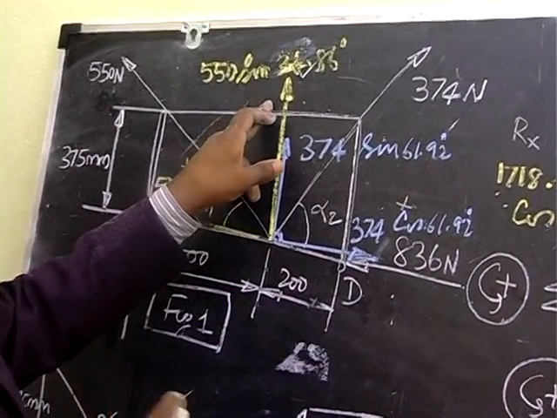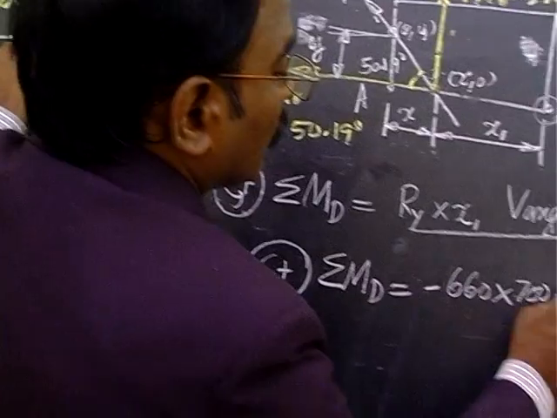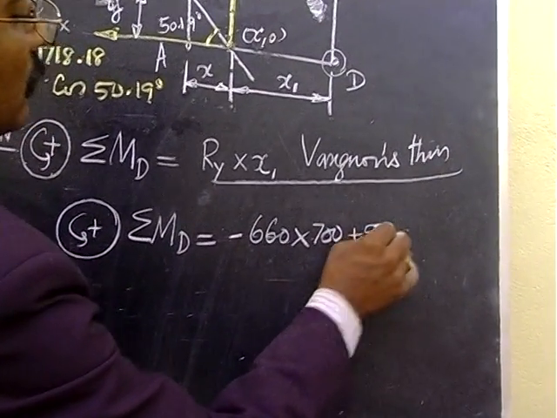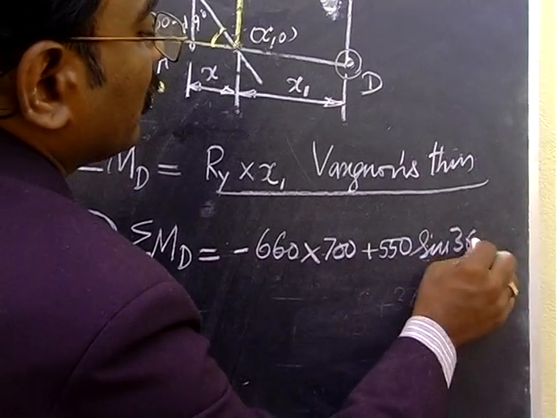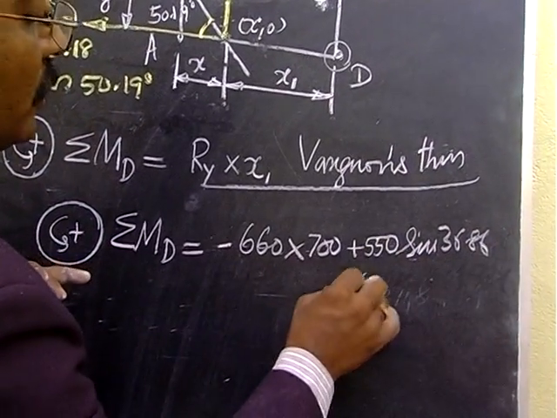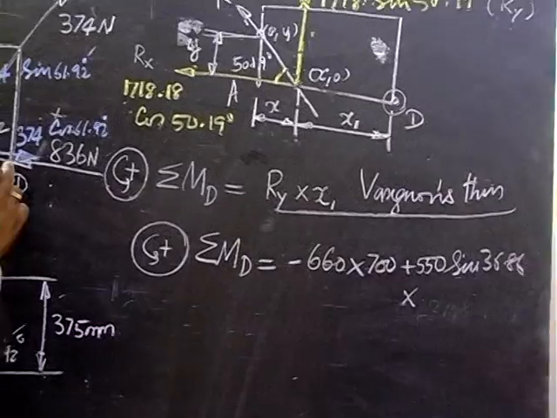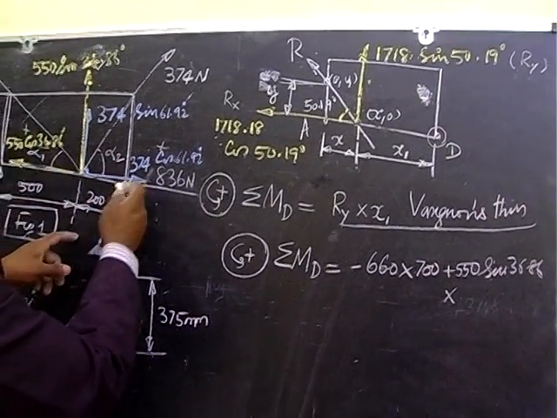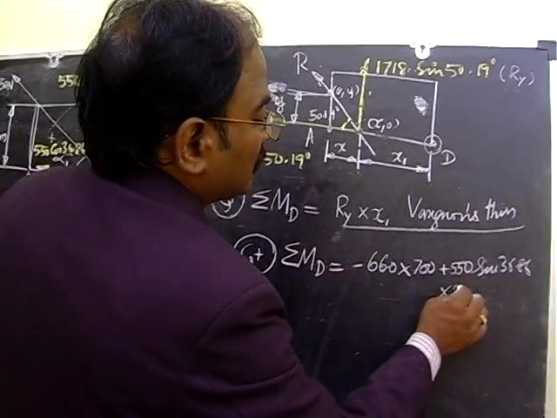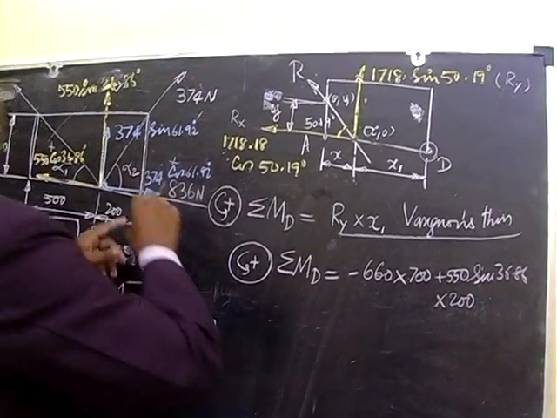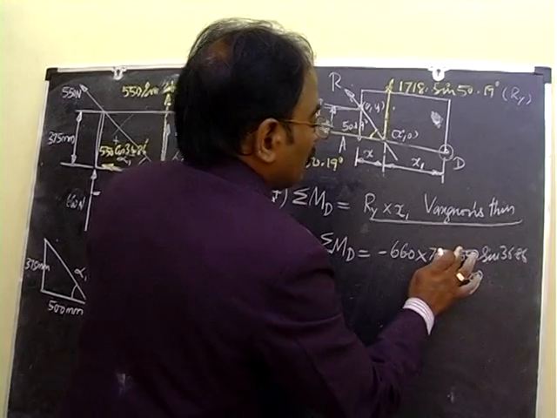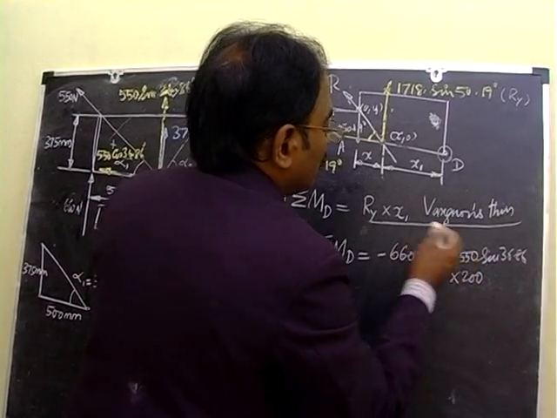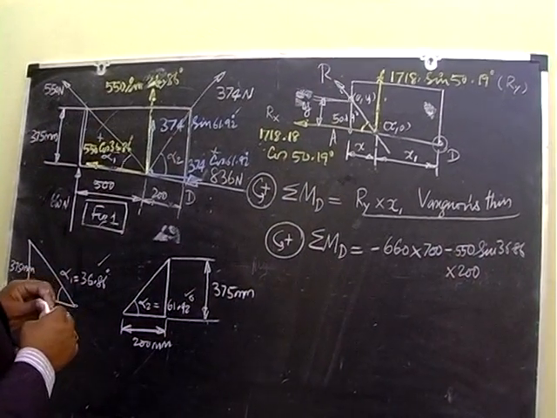We take this 550 sine of 36.86 multiplied by this distance to the line of action, here is the point, so this distance is 200. When we move towards this point, it also gives a negative sign, so therefore it is minus 550.